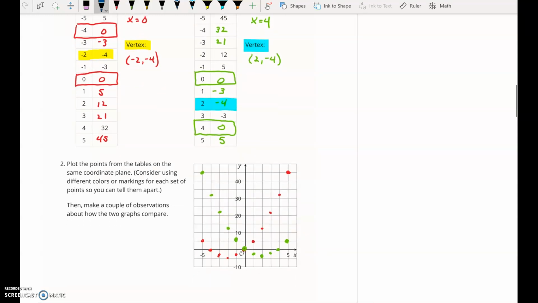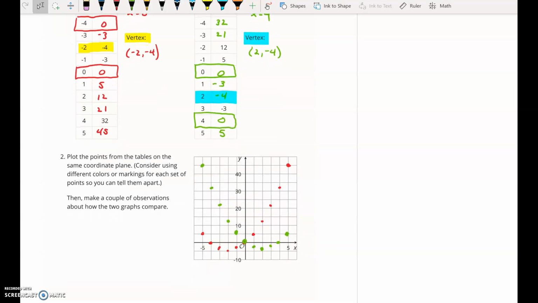Now, we're asked to make a couple of observations about how the two graphs compare. The first thing I notice is they both have a y-intercept at the origin, at 0, 0.